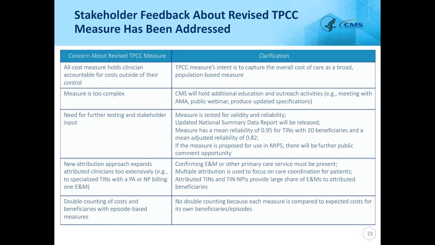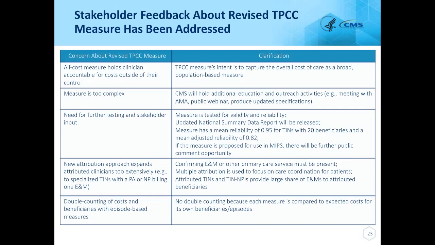It's critical to note here that there's no double counting here because each measure is comparing costs that are observed to expected costs for their own beneficiaries or episodes. So this isn't an exercise in which any single dollar that's paid is trying to be allocated to one measure or the other.